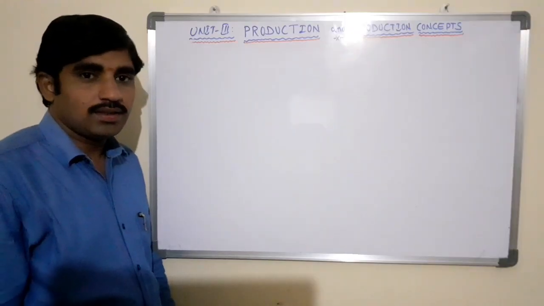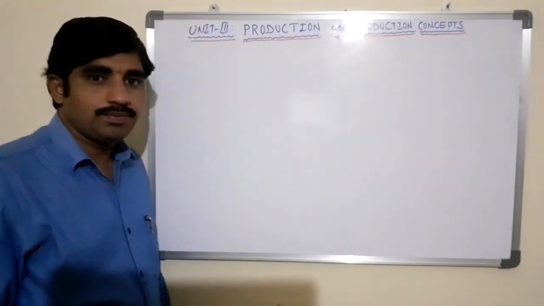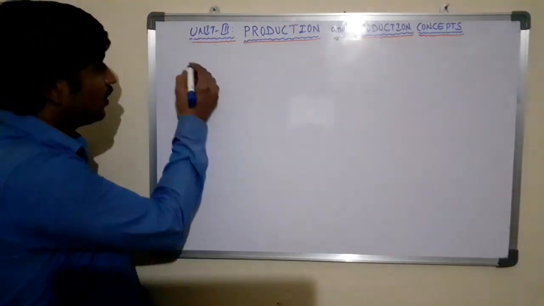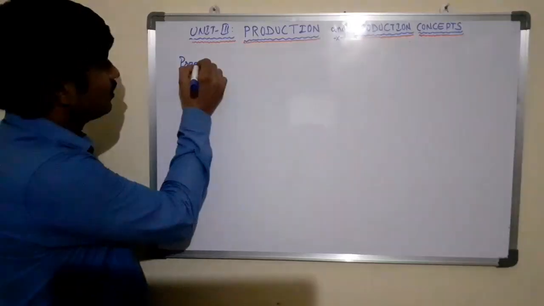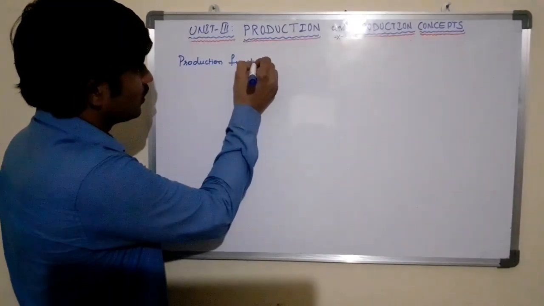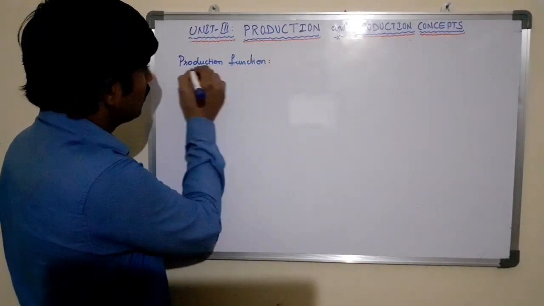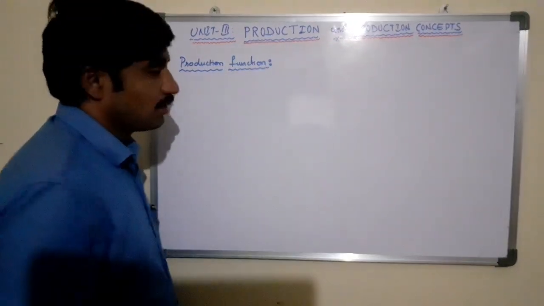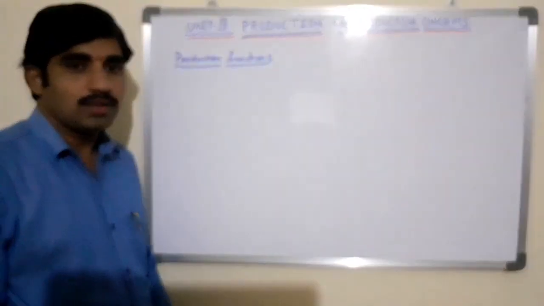Production function is the functional relationship between the inputs and outputs of an organization. So what is production function? It is the functional relationship between the inputs or resources that the producer uses to produce the products and the total finished product, or output, of an organization.